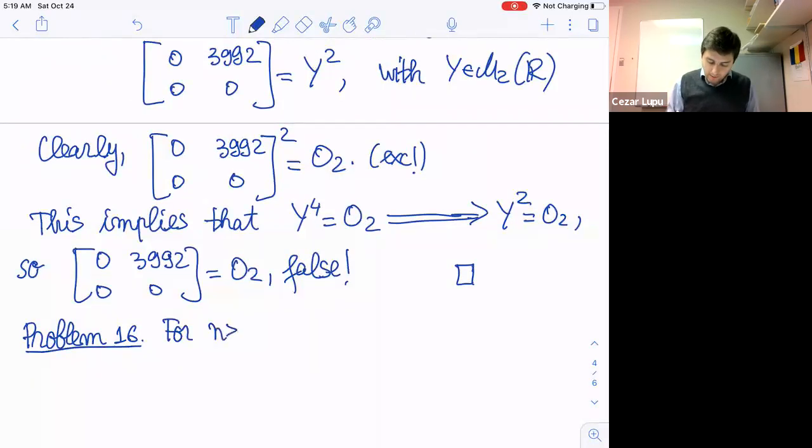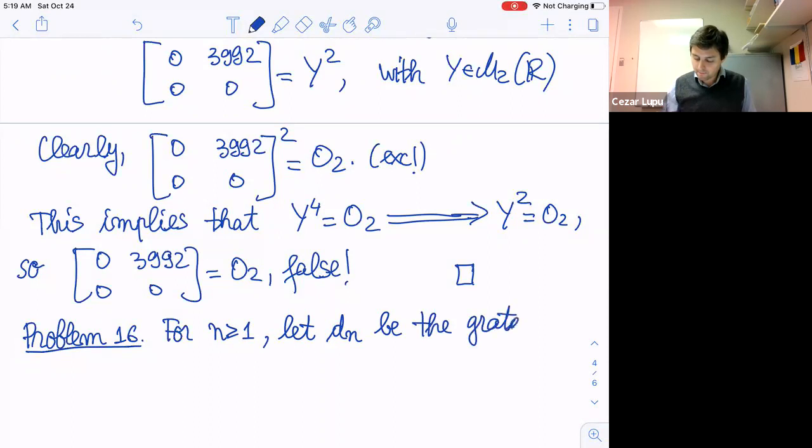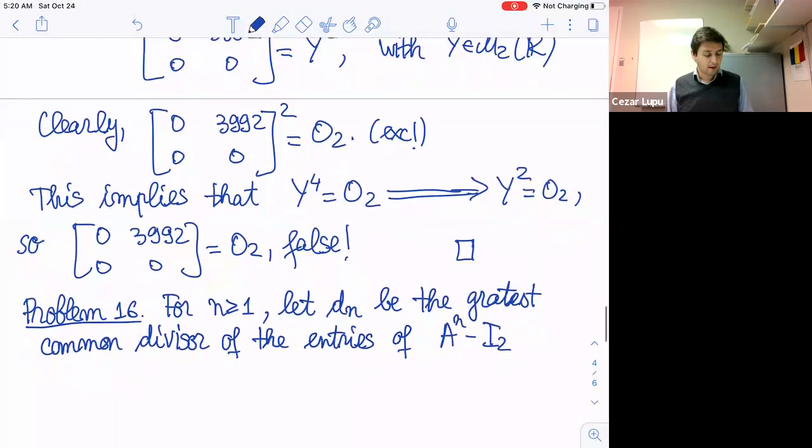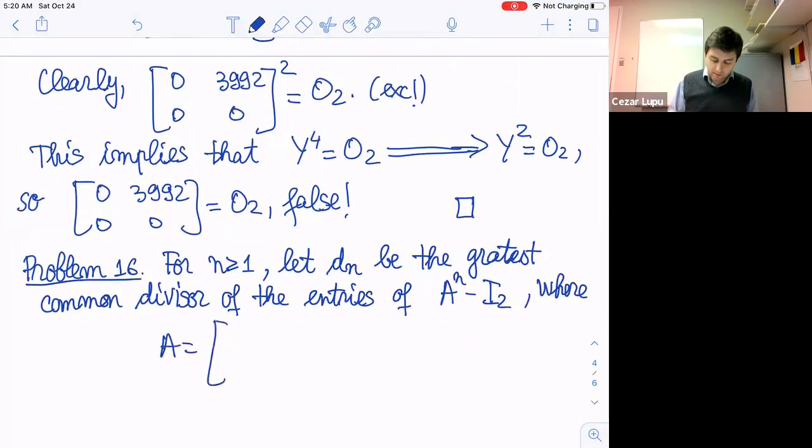For n greater or equal than 1, let dn be the greatest common divisor of the entries of this matrix, a to the power n minus the identity, where this matrix A is actually given in an explicit form. So this is 3, 2, 4, 3.